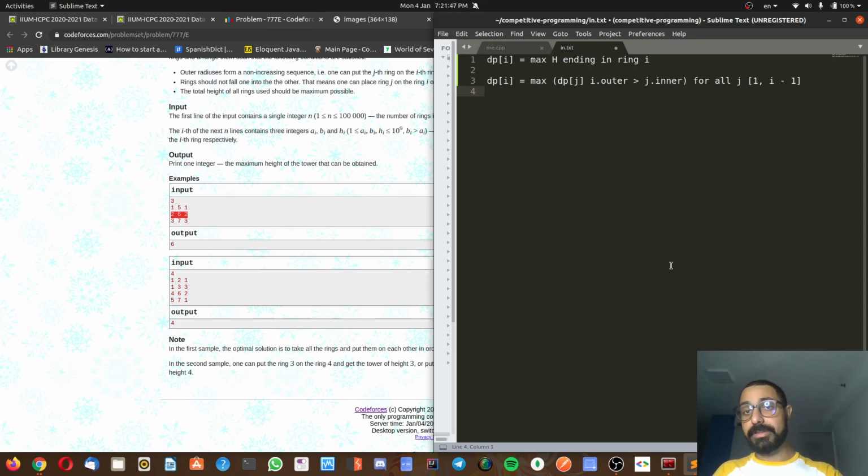Since I already sorted all the rings, the outer radius of I is for sure smaller than the outer radius of j.